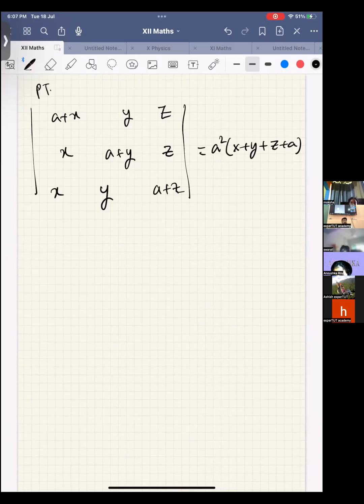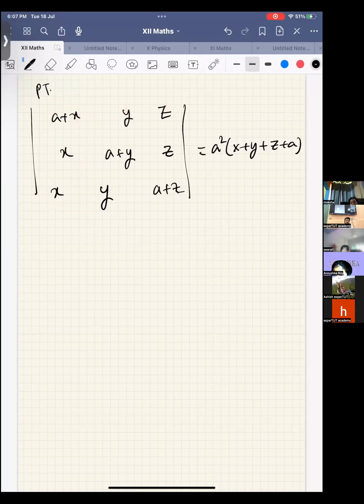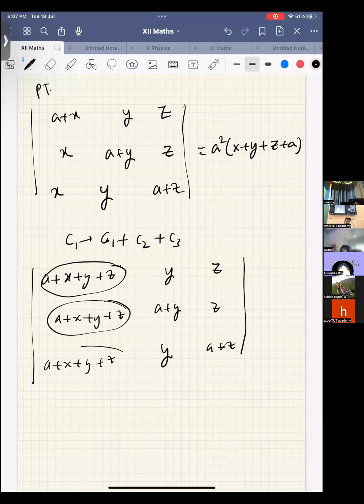If you do C1 is C1 plus C2 plus C3, what will you get in place of C1? In all you will get A plus X plus Y plus Z. And the remaining two columns will be copied, same: Y, A plus Y, Z, A plus Z. Understood? Then write it down. Then take A plus X plus Y plus Z common from here.